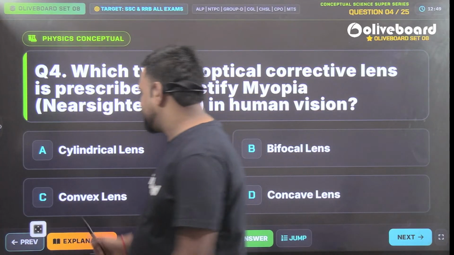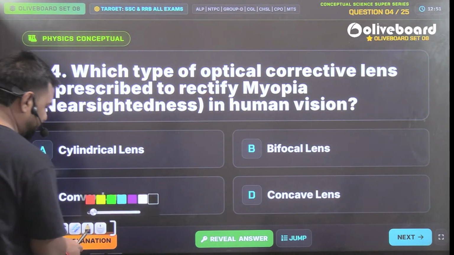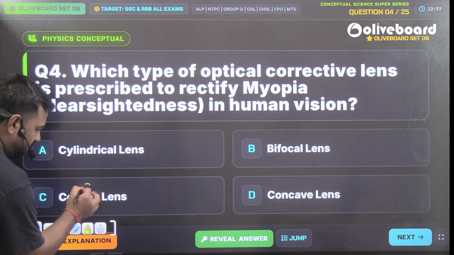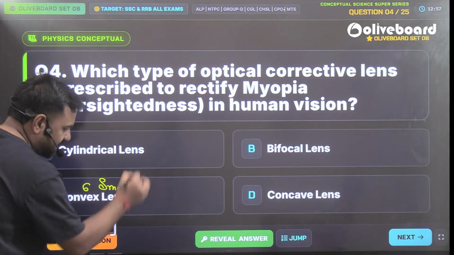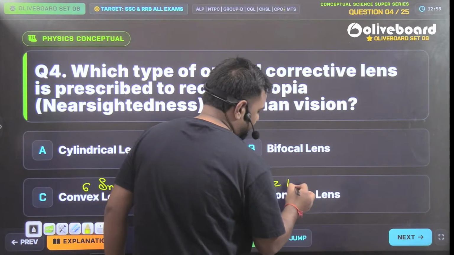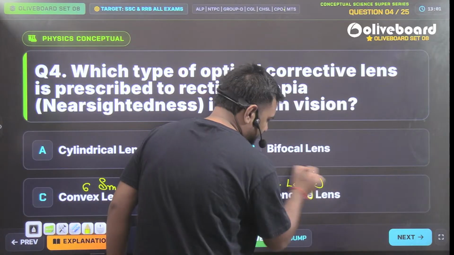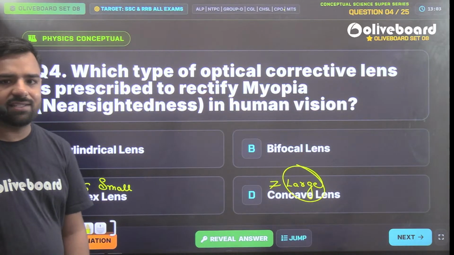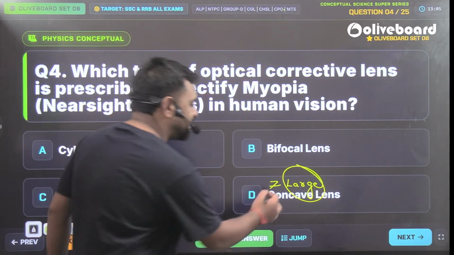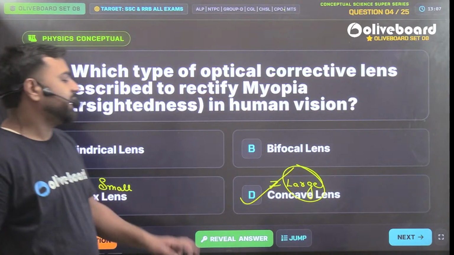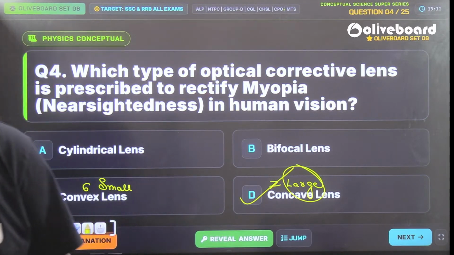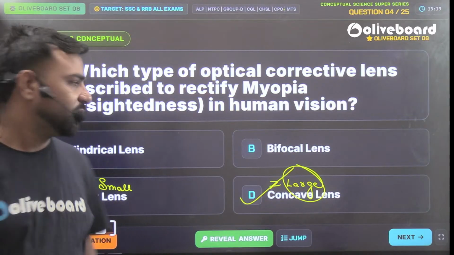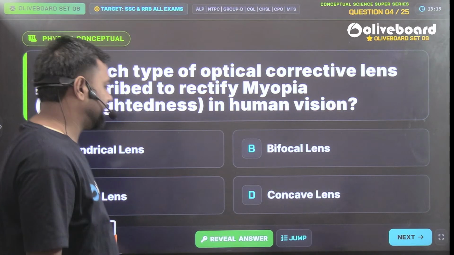So 6 is small in comparison to 7. For the larger distance, where we need to look far, the 7 letters are there, that is concave. And for the smaller distance, we'll use convex. That is the trick. Harry, Ankita, both of you are correct. So option D will be the perfect answer.